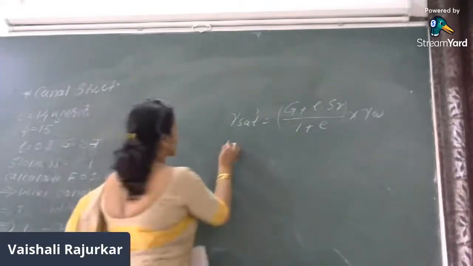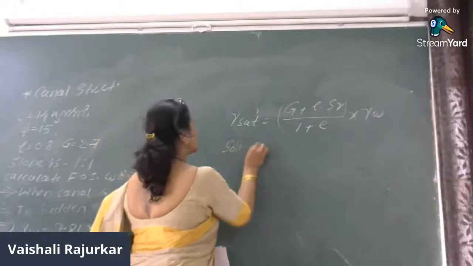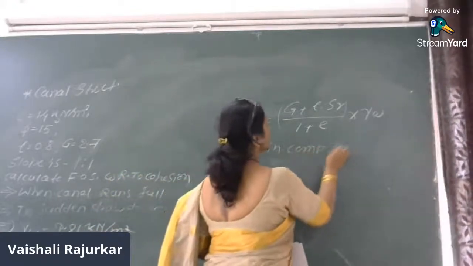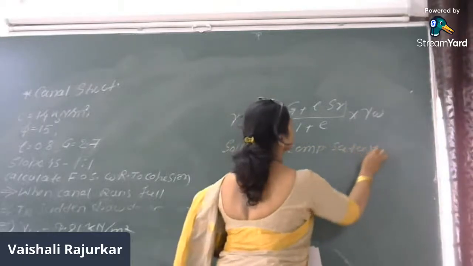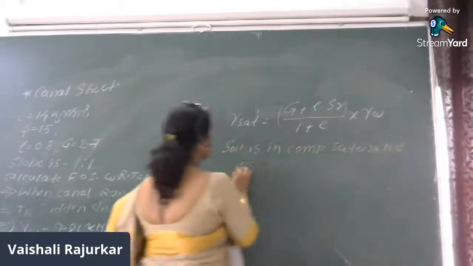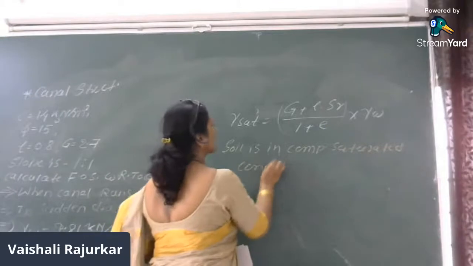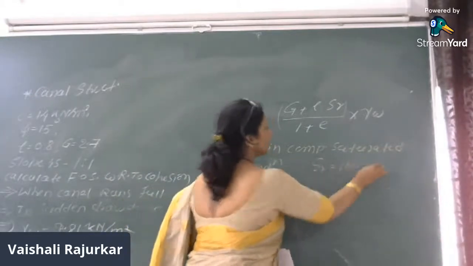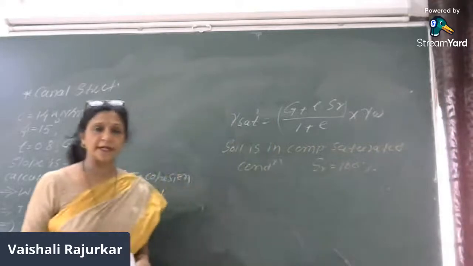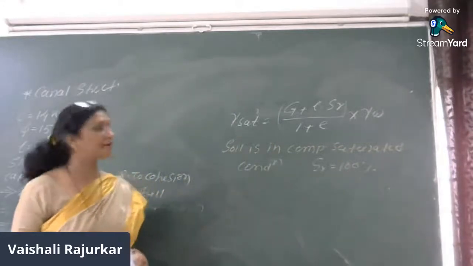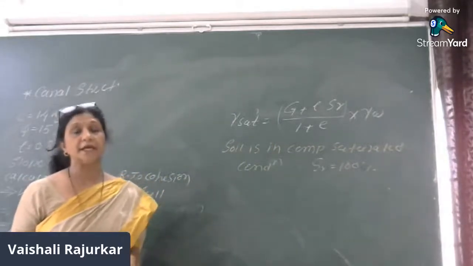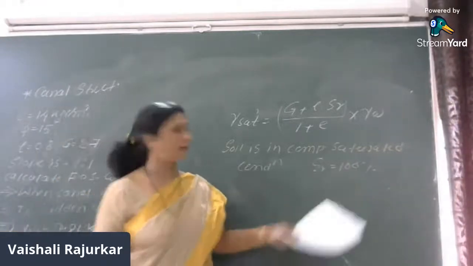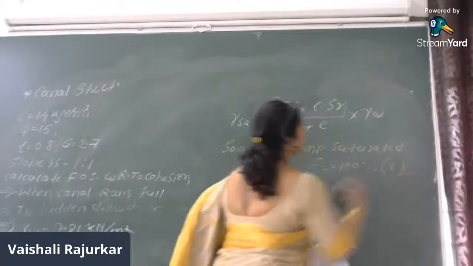Here soil is in a completely saturated condition. Therefore, Sr is 100%. When it is in a completely dry condition, Sr value will be 0.